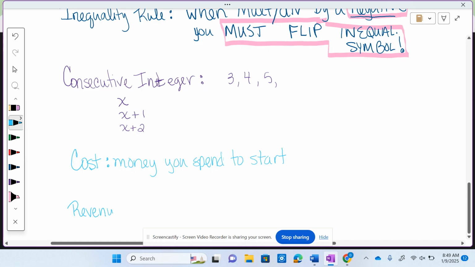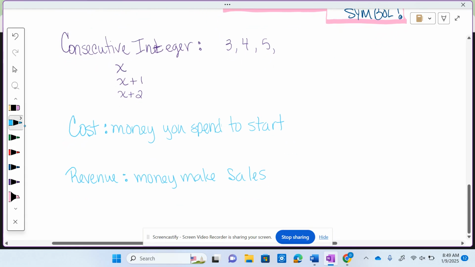Revenue is money you make from sales, from selling whatever you're creating. Profit is your revenue minus your cost.